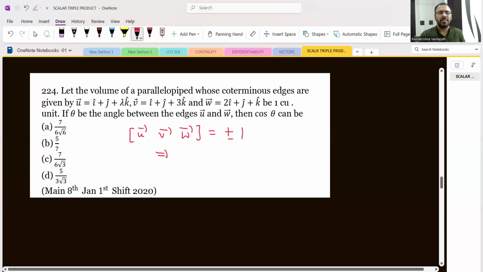You find what is the value of lambda, right? And then cos theta is equal to, okay, angle between U bar and W bar, U bar dot W bar whole by modulus of U bar into modulus of W bar.